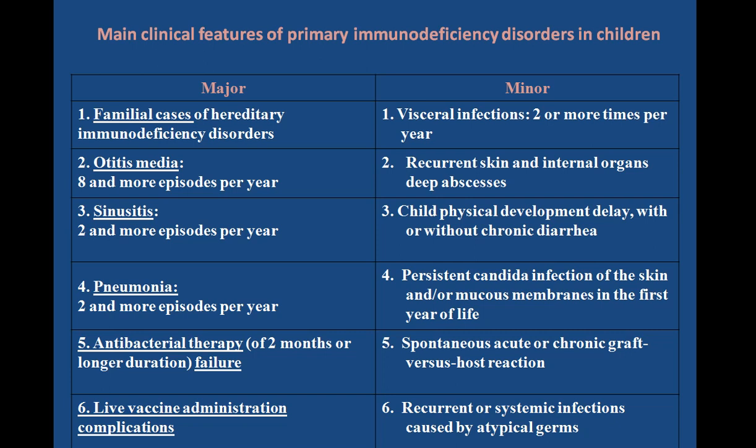Sinusitis, 2 or more episodes per year. Pneumonia, 2 or more episodes per year. Then antibacterial therapy failure of 2 months or longer duration, and live vaccine administration complications.